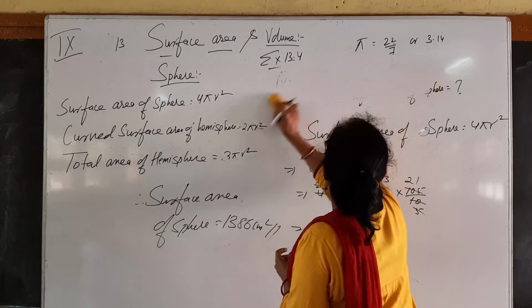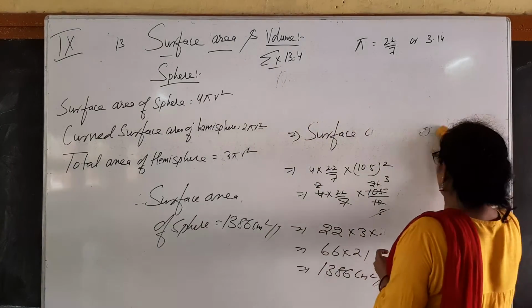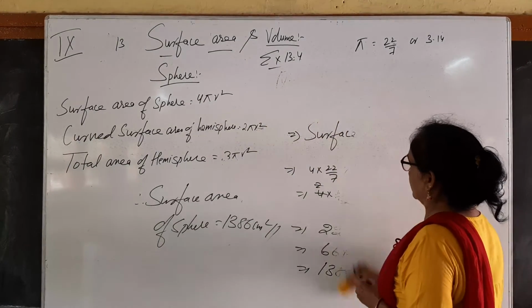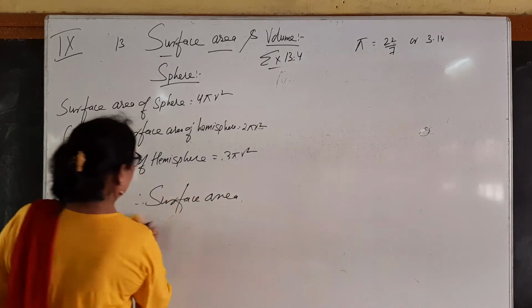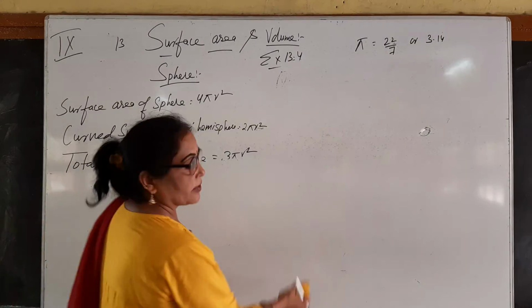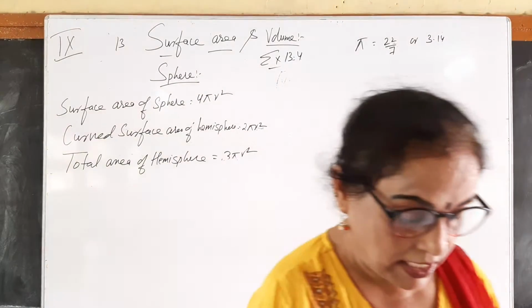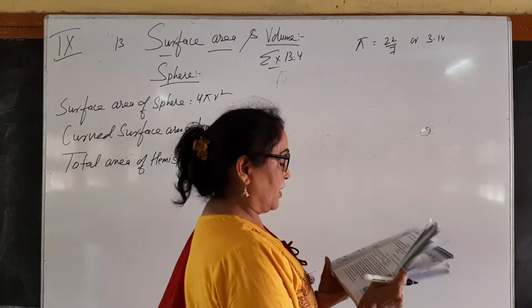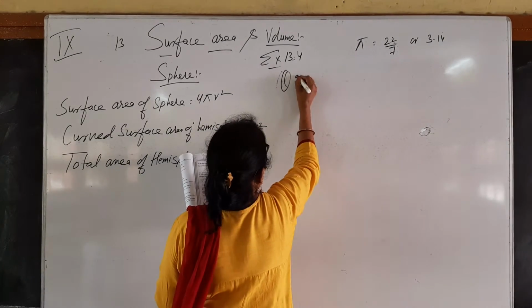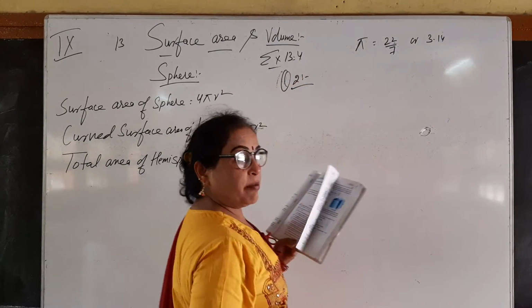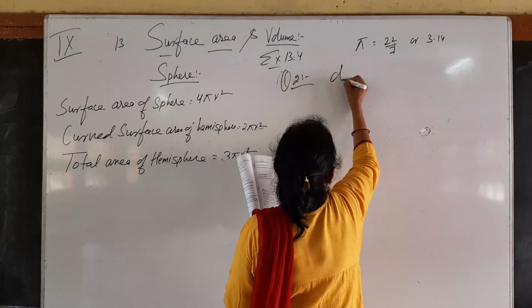Question number 2. Again find the surface area of sphere. Here the diameter is given. What is given here?